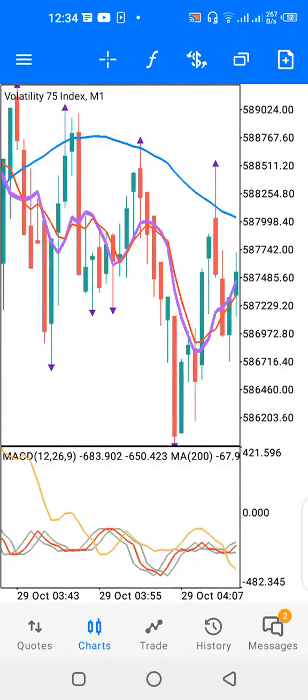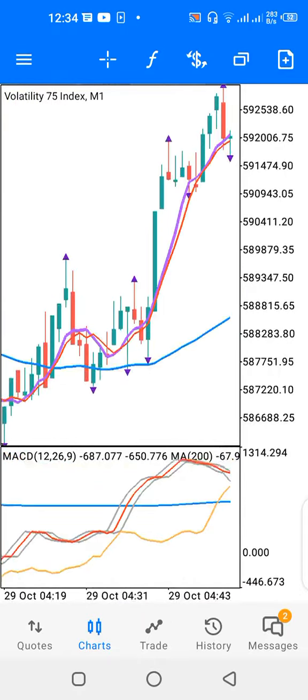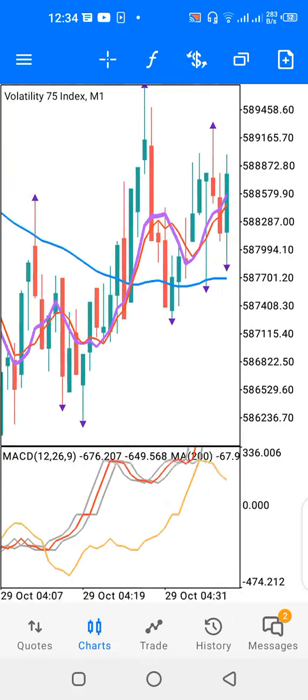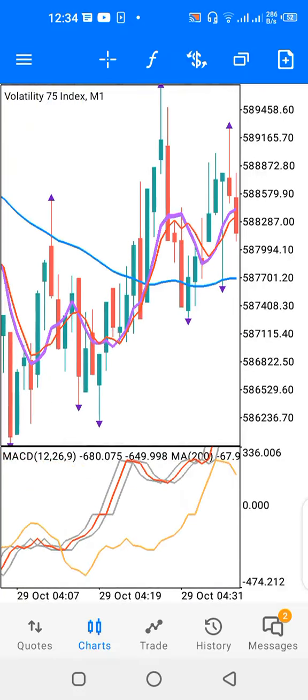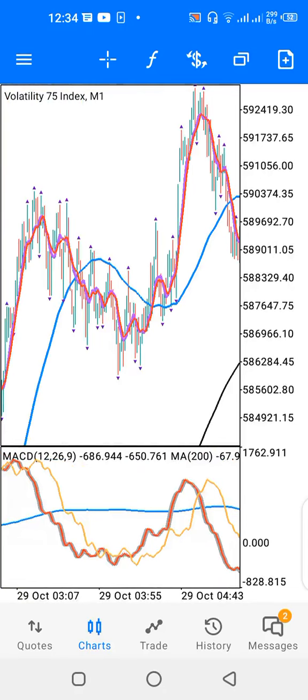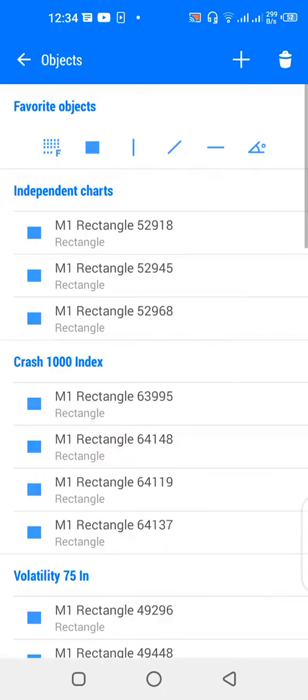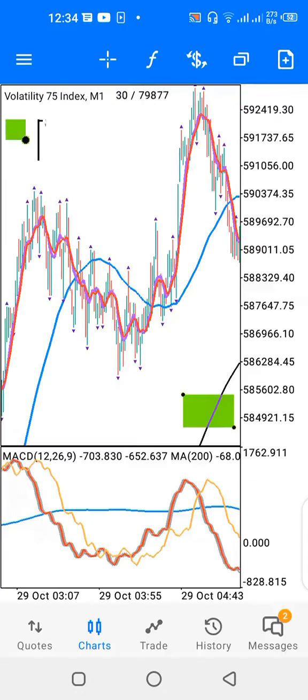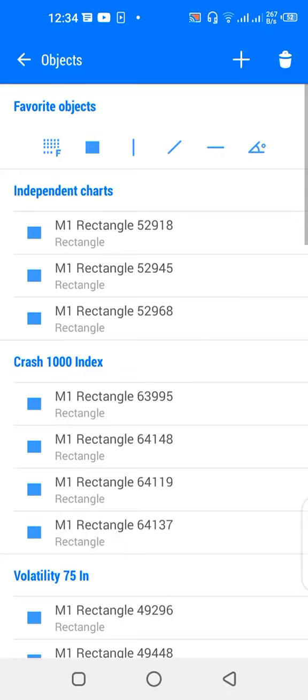Another example is, this is another example. Mind you, the black moving average is below for this particular example. There's the black moving average below, and the blue moving average is above.